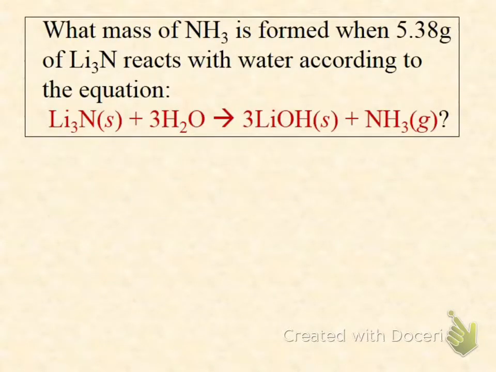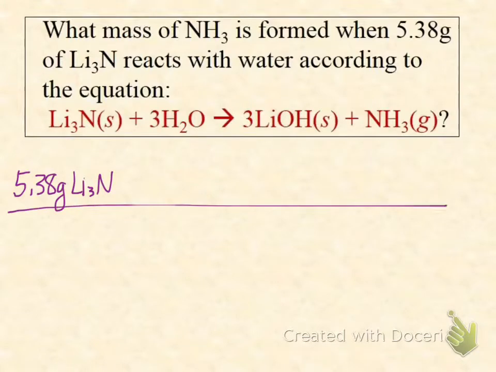This one says, what mass is formed when 5.38 grams reacts with water according to this equation? So of course we always start with what it gave us: 5.38 grams of lithium nitride. I need to do what?